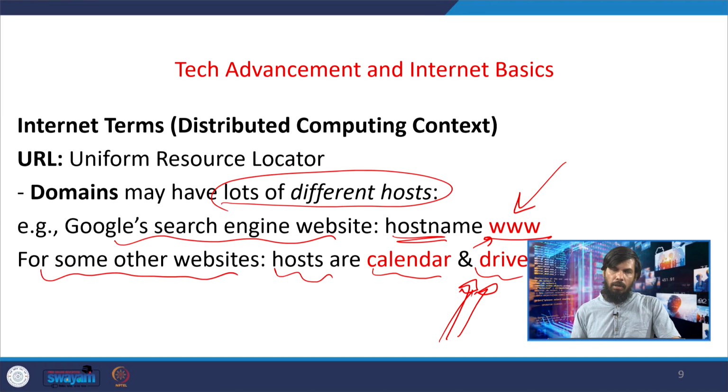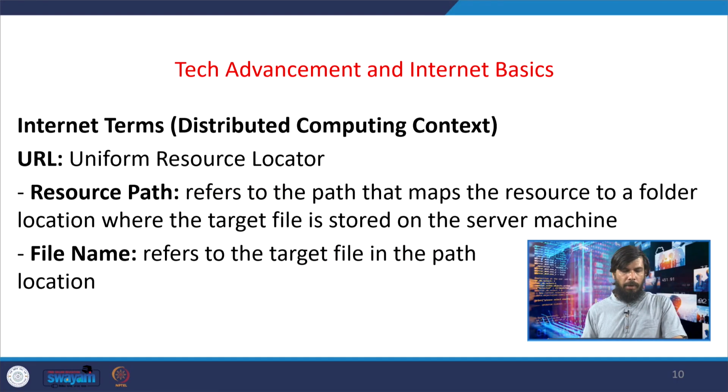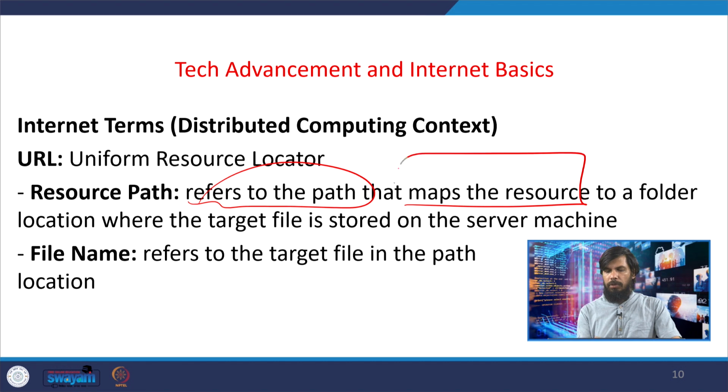So when organizations are running multiple services, sometimes they might want to change the host name, which is the case with Google, as I said, calendar.google.com and drive.google.com. Now the resource path, as we talked about, refers to the path that maps the resource to a folder location where the target file that we want is stored on the server machine.